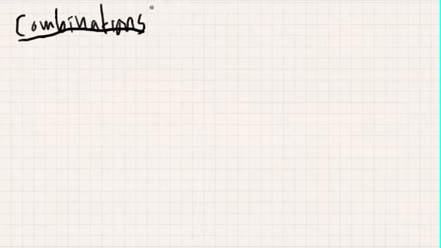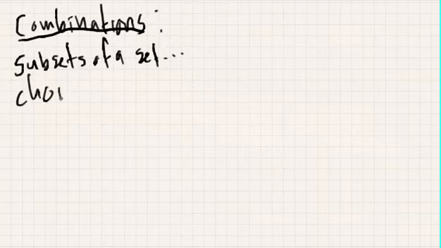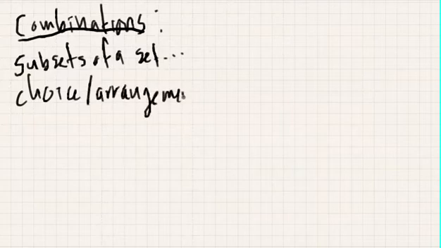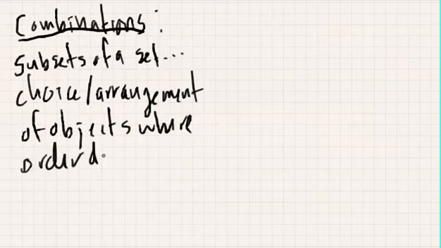Combinations are really just going to be subsets of a set, although in more informal language, it will be a choice or arrangement of objects where order doesn't matter.